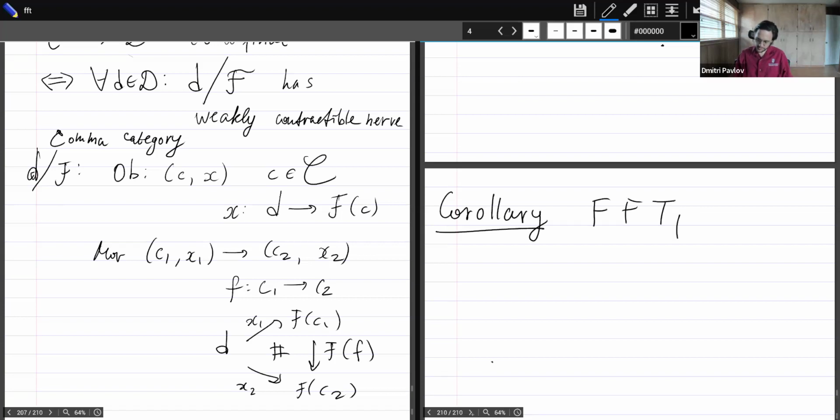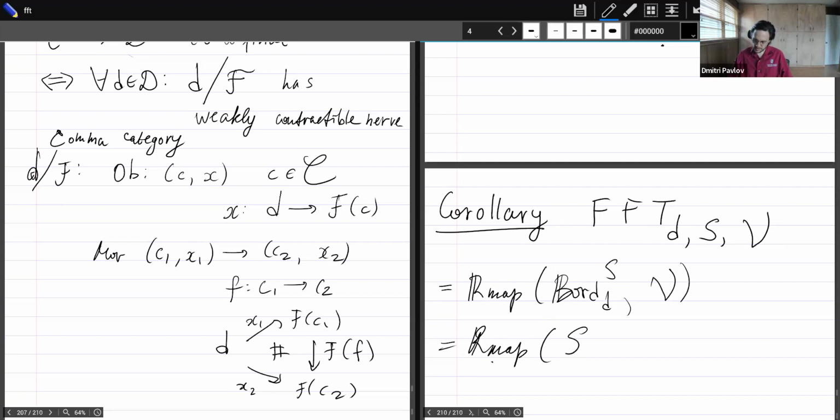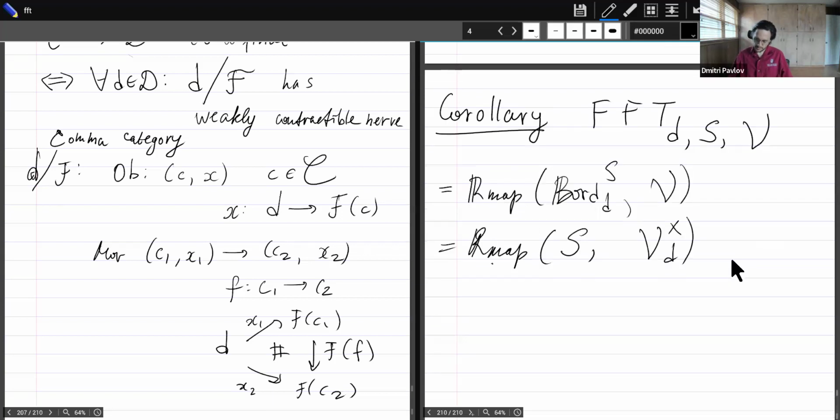Functorial field theories of dimension d with geometric structure S and values in some infinity-d smooth symmetric monoidal infinity-d category V can be computed as, by definition, maps from the bordism category to V. Then by adjunction, it will be maps from S to V cross D. And then by equivalence, this is the same as R map.